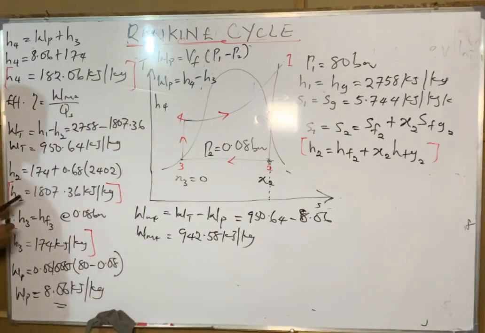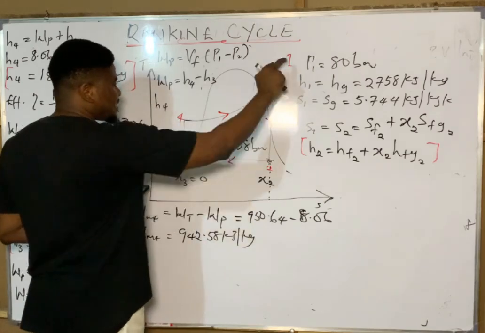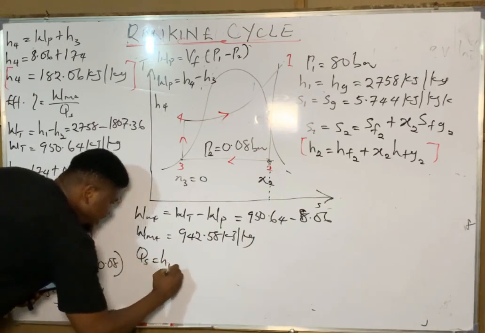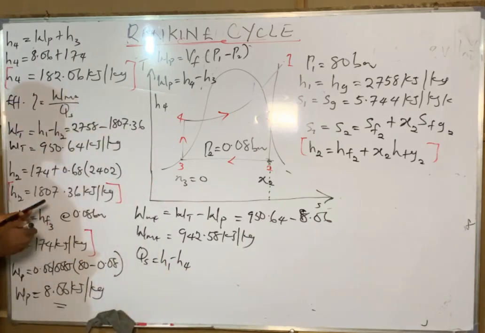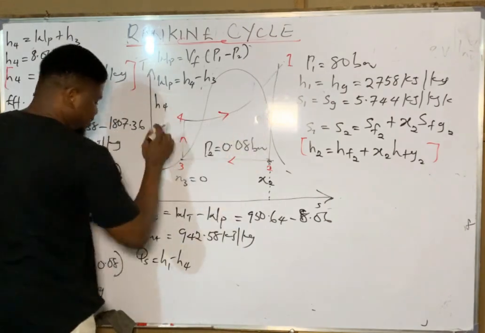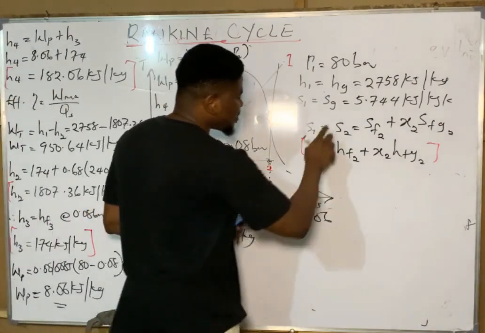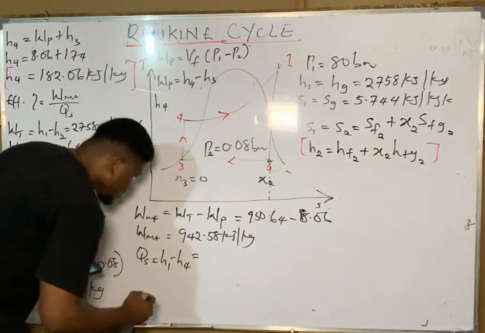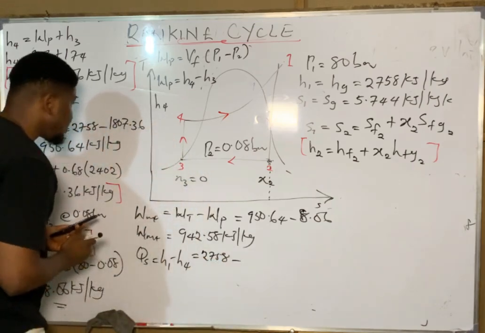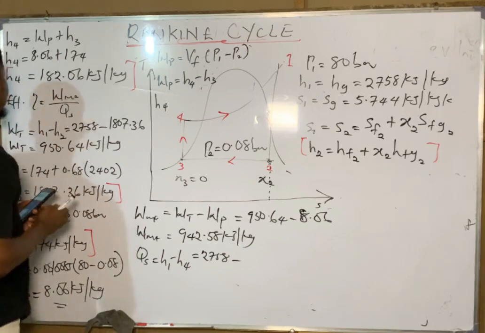Next, we find the heat supplied. Heat is supplied between state 4 and state 1, and that heat supplied is equal to enthalpy at state 1 minus H4, because it is positive. Heat added to a system is always positive. So H1 minus H4: H1 gave us 2758, minus H4, which we found earlier to be 182.06.